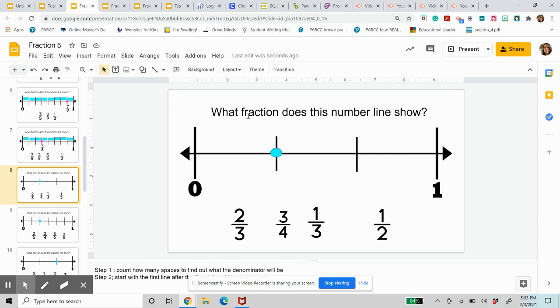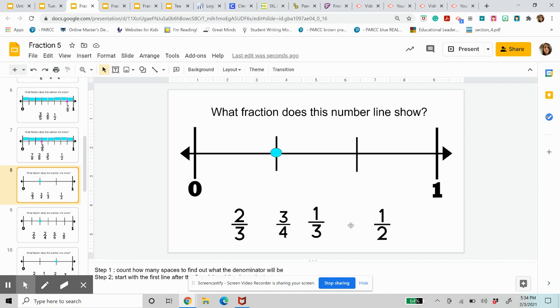All right, here. What fraction does this number line show? So again, your choices are 2/3, 3/4, 1/3, or 1/2. So count your spaces. Make a decision. Next to number 8, what fraction are you going to write?